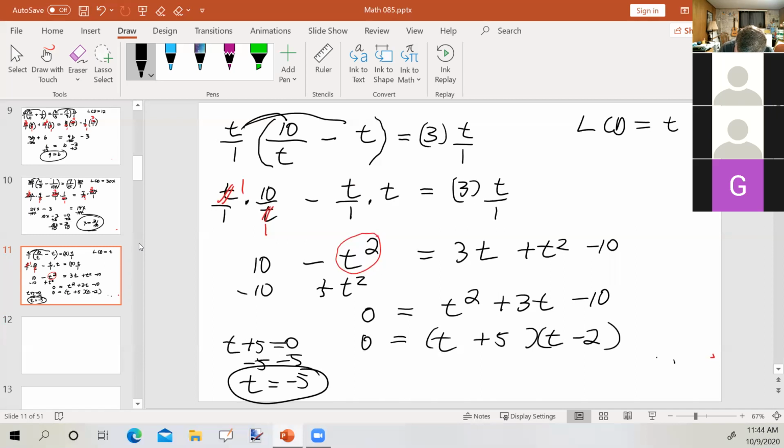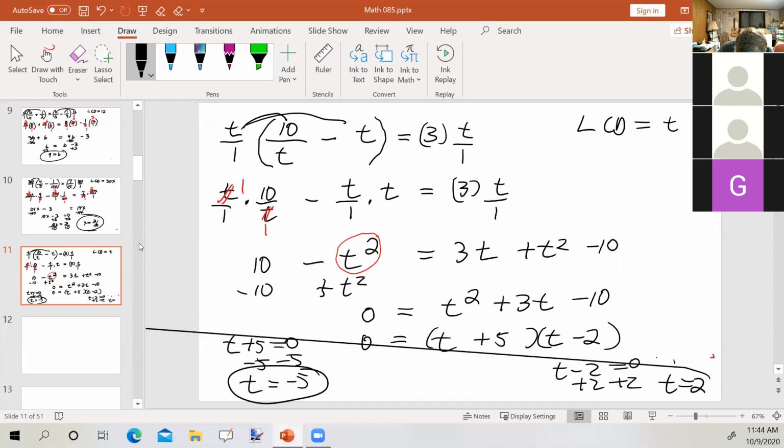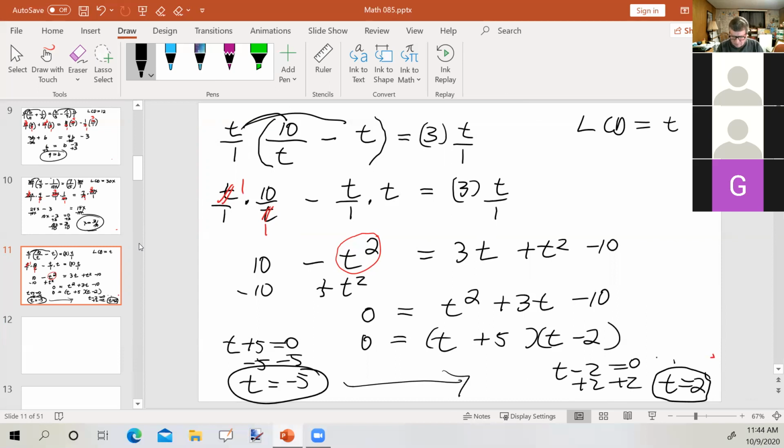And if we have T minus 2 equals 0 and we add 2, we get T equals 2. I guess I could have written this over here. I just didn't know if I was going to have enough room. So T equals negative 5, T equals 2. 2 solutions to that equation.